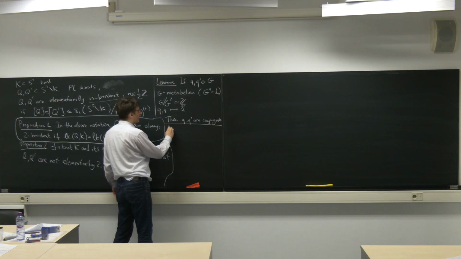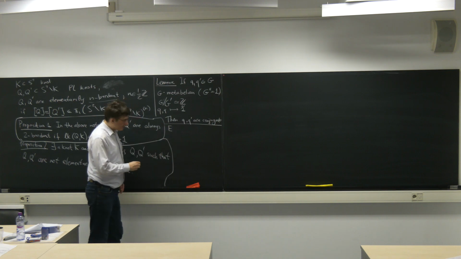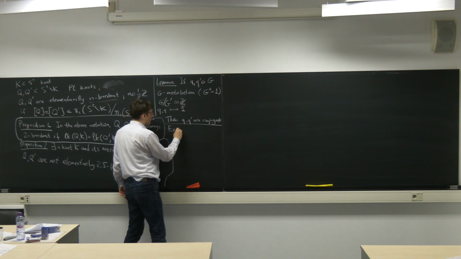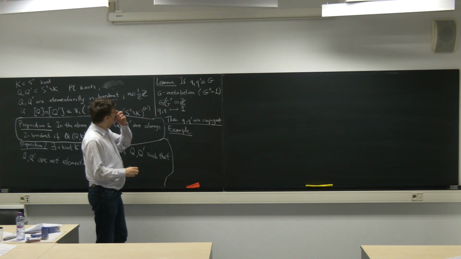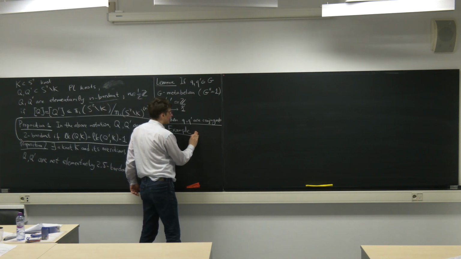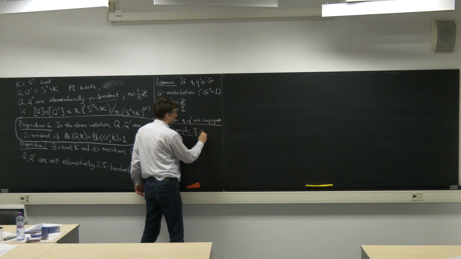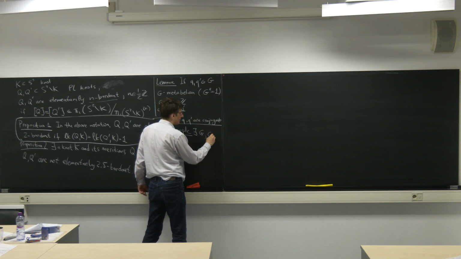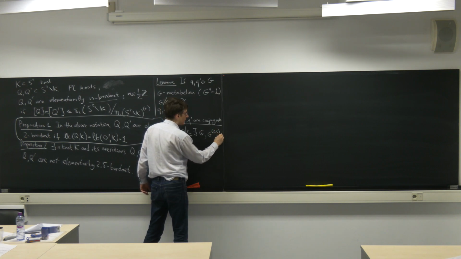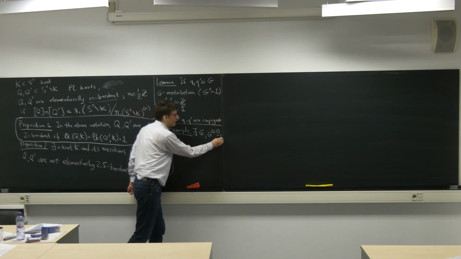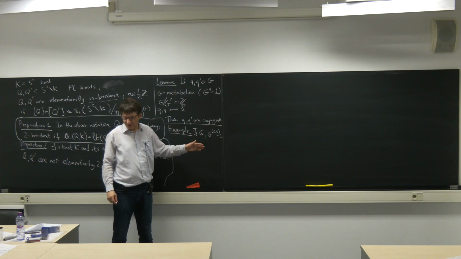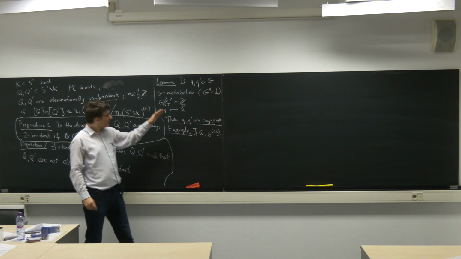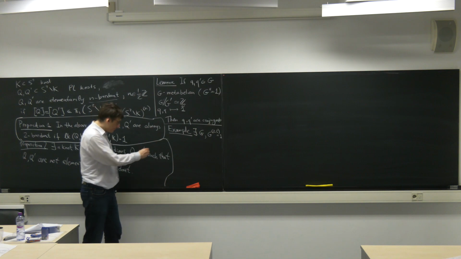But the reason why I recall this lemma is because I want to do the following example. There exists a group G such that G to the 2.5 equals 1. So it is not metabelian, but it is solvable of length 2.5, the next step which goes after metabelian.